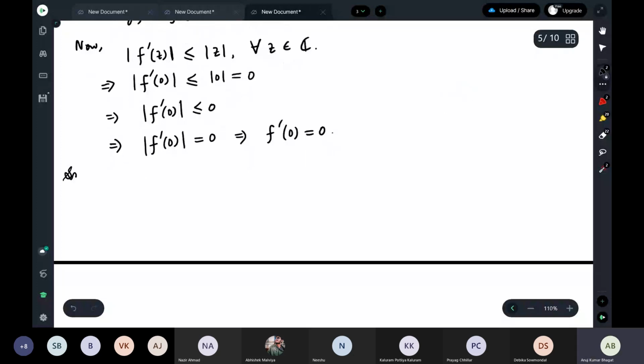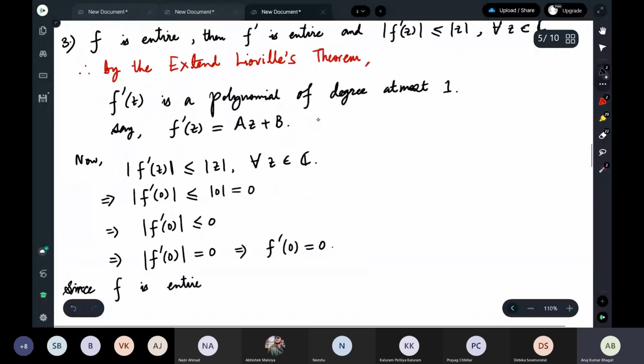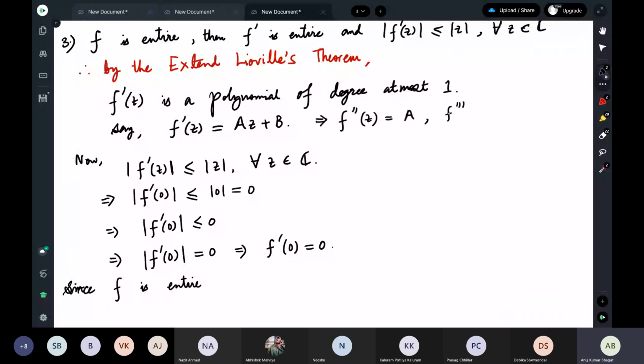So since f is entire, now I'll use the power series expansion. Since f is entire, from here what can I say? f double derivative is a, and f triple derivative is 0, and after that everything is 0.